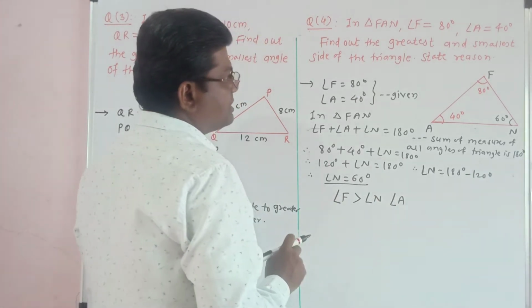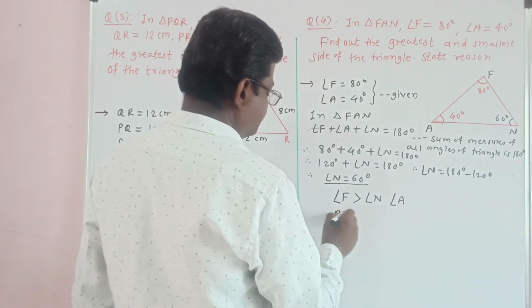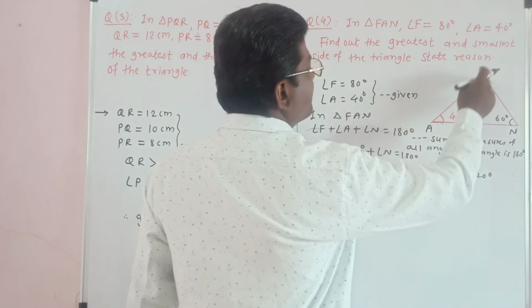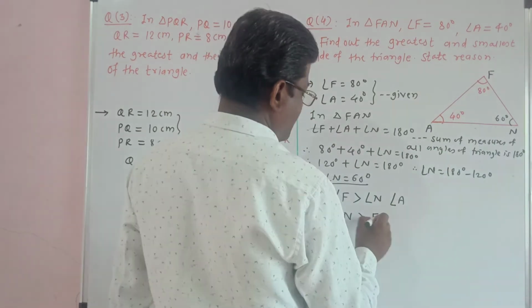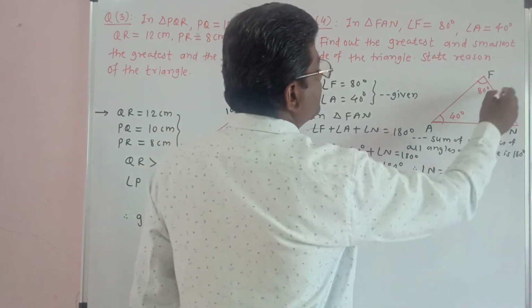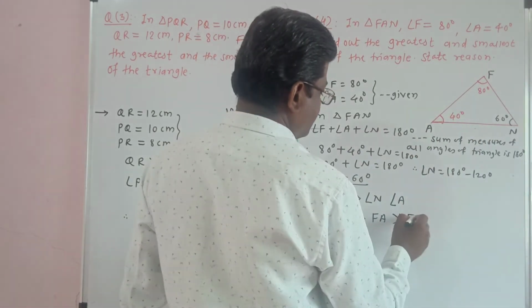The side opposite to angle F is AN. So AN is greater than the side opposite to angle N, which is FA. It is greater than the side opposite to angle A, which is FN.